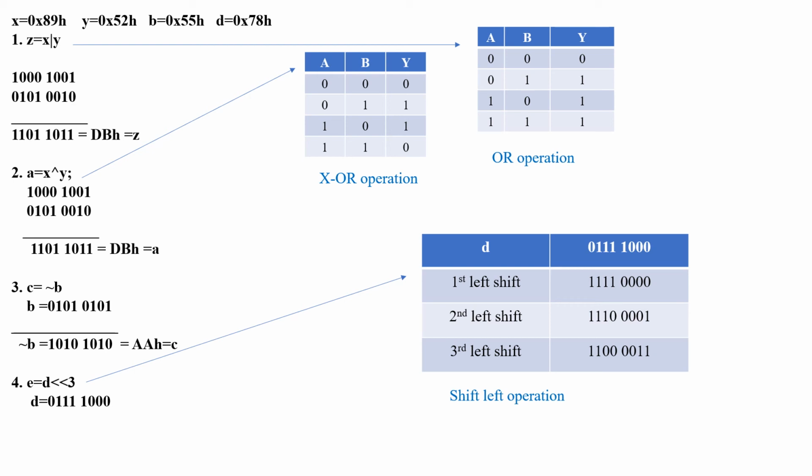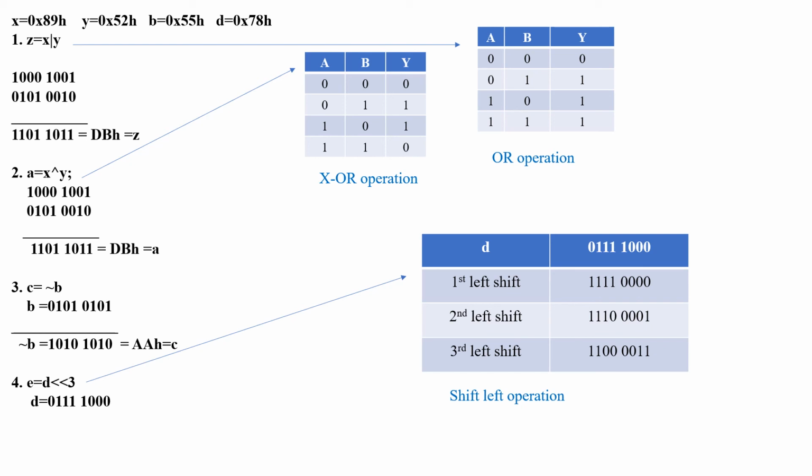So these 3 bits are shifted to higher bits. This 1 goes here. Now in the second shift, again you are shifting towards the left. So this 1 gets shifted here. This becomes 1 1 1 0.